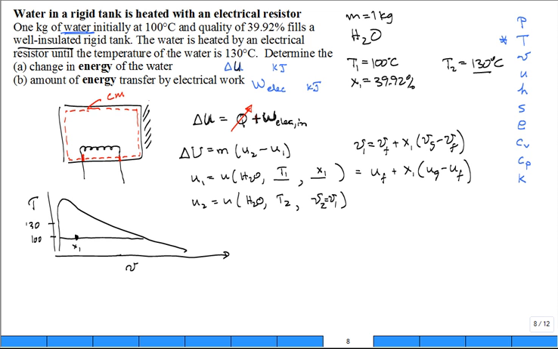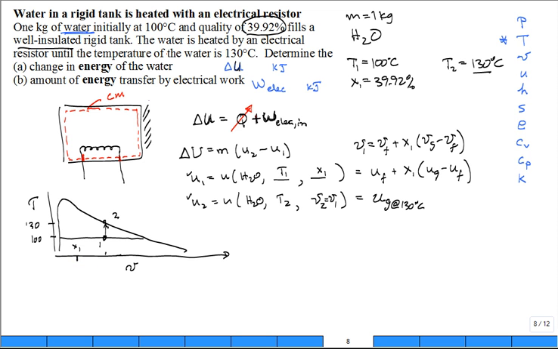Now we do this. You got V1, V2 calculated. Bingo. This is a funny quality because you're going to find this is exactly U sub G at 130 degrees C. It's hard to show, but guess what? The volume stayed constant, and that's a bad diagram, so I'm going to change it. You end up going from 1 to 2, and that's what it looks like on a TV diagram, the process.